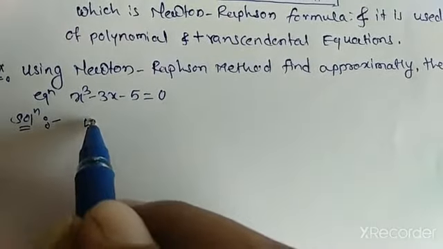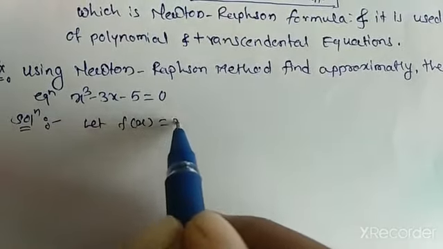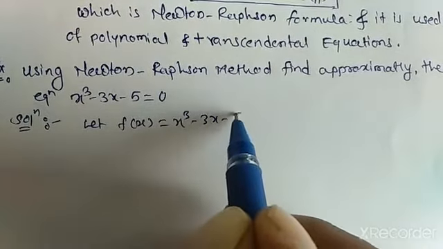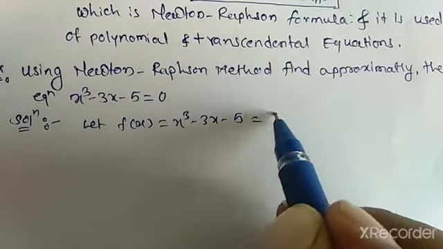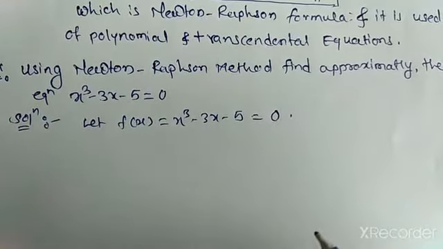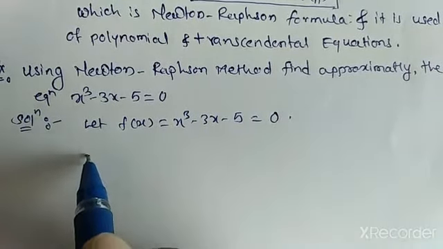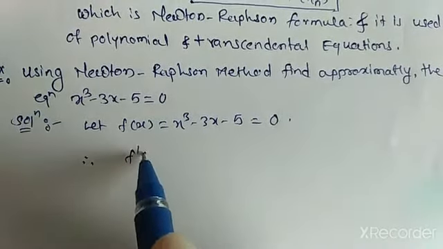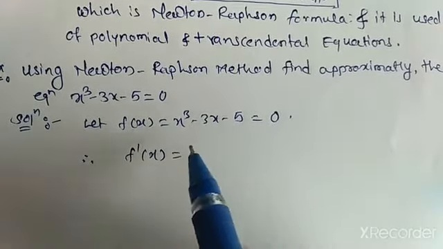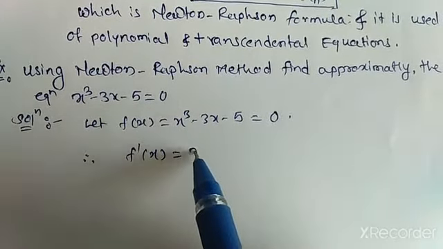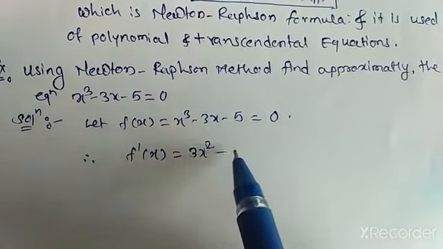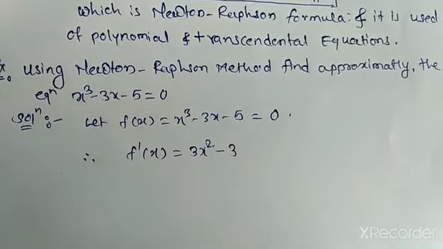Let f of x is equal to x cube minus 3x minus 5 equal to 0. Then f dash of x will be equal to the derivative of this: for x cube the derivative is 3x square, minus 3x, derivative is 3.